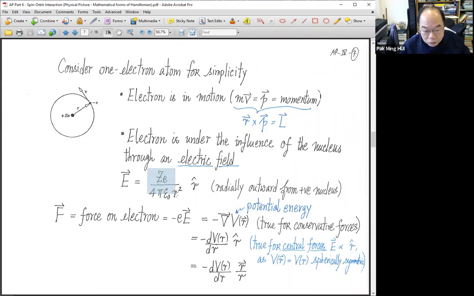Because this is a central force, depending on r only, the gradient takes on a simpler form. It is just minus d/dr, going in the radial direction. It is attractive, all right? So this is simple E and M.